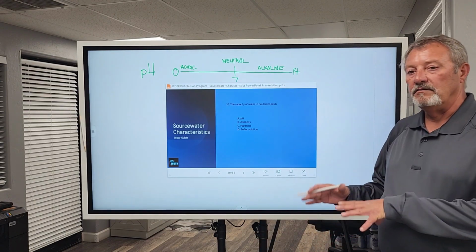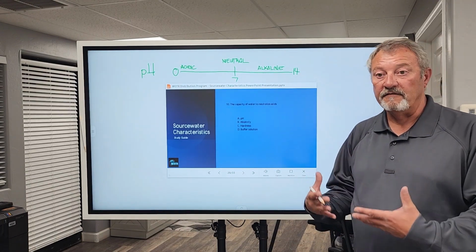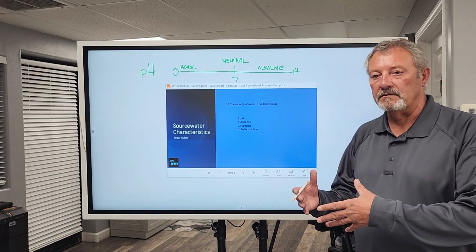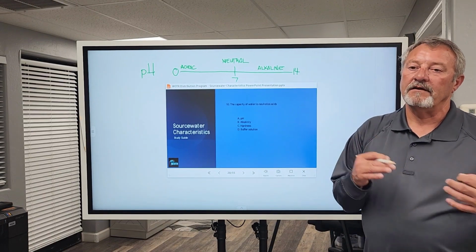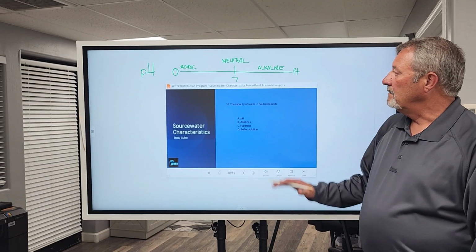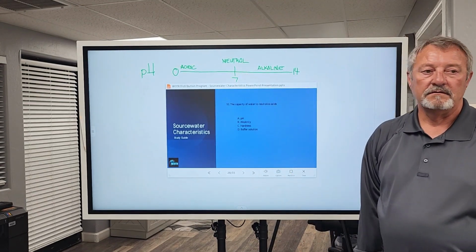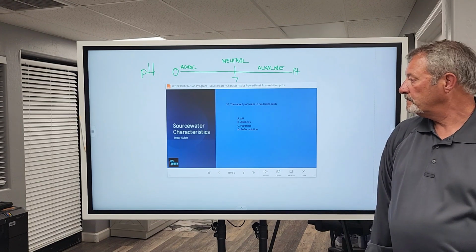So the less we have to do that, the more efficient we are. Part of being efficient is not adding too much chemical or not adding enough chemical. And to be efficient, the best water to have is neutral, a neutral pH of 7.